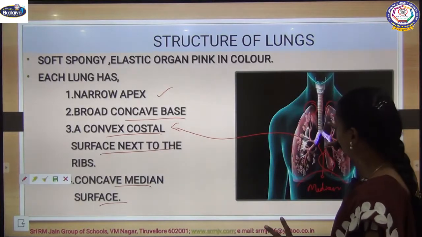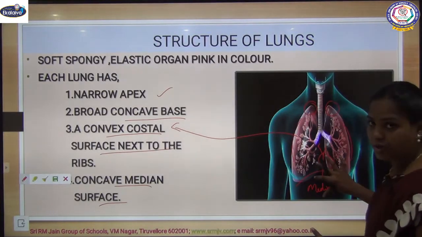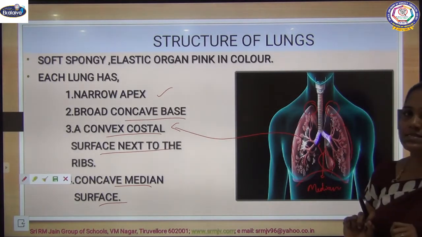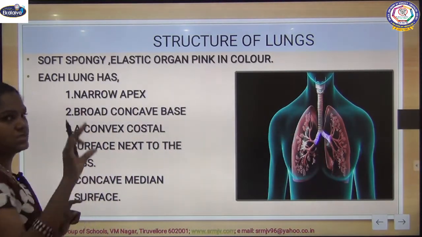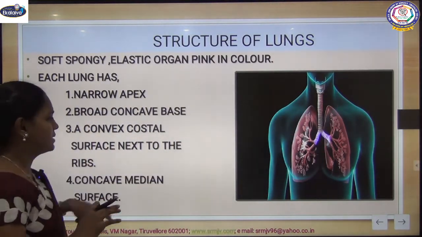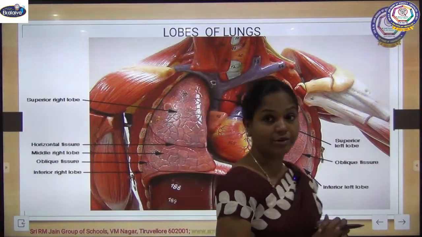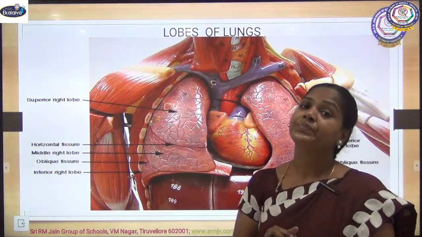So these are the four sides of our lungs: a narrow apex, a broad concave base, a costal surface and the median surface. Next, this is the actual structure, showing how other organs are located along with our lungs.